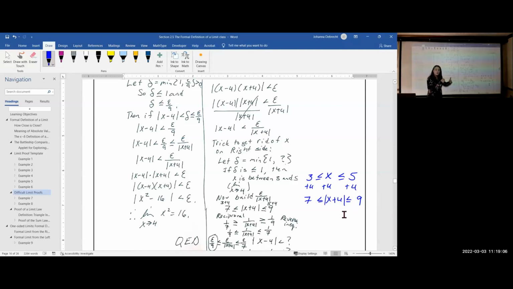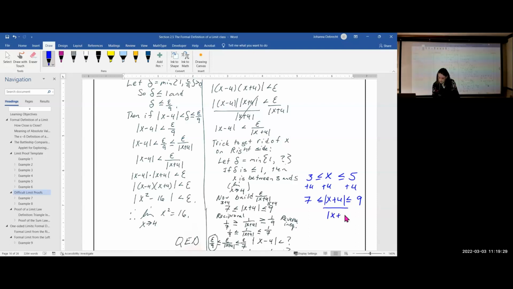I'm going to take the reciprocal of each one, which is actually going to reverse the sense of the inequality. In other words, I'm going to divide both of these parts by the absolute value of x plus 4 and divide both parts by 9. They're both strictly positive, so I don't worry about turning the symbol around. It gets turned around automatically.